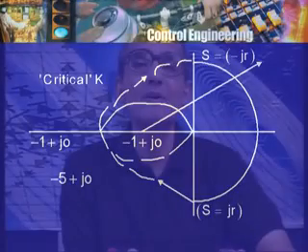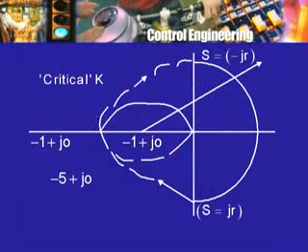This will require some computation usually, but suppose I am able to find out that frequency omega, then the modulus of KGH at that j omega will give me the location of this point. Of course, it will come with a minus sign. Once I know that, then provided it is like this, I know that there is a gain margin, whereas if already the point -1 plus j0 is inside, I know that the system is unstable for the chosen value of k, and so I will have to reduce the value of k sufficiently.